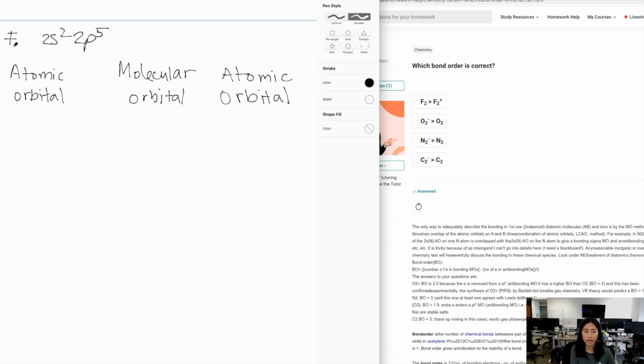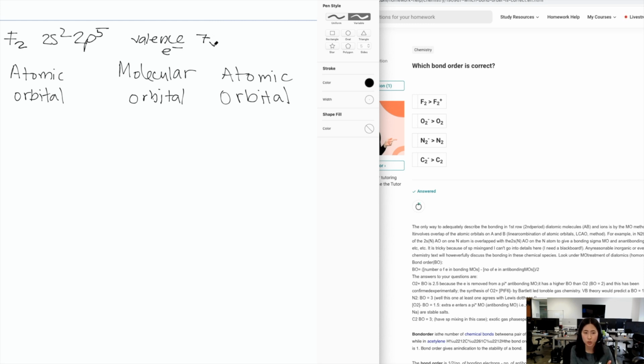And this is just for one atom of fluorine. But because there's two of them, it's also important to figure out how many electrons, specifically valence electrons, you have for diatomic fluorine. Because fluorine is found in group 7, one atom of fluorine must have 7 valence electrons.